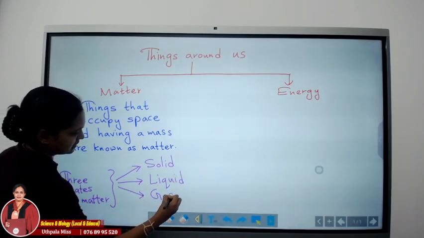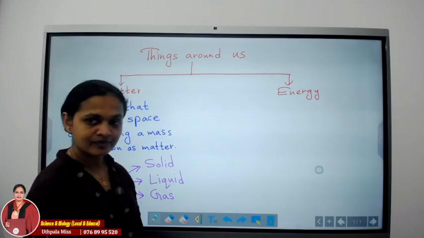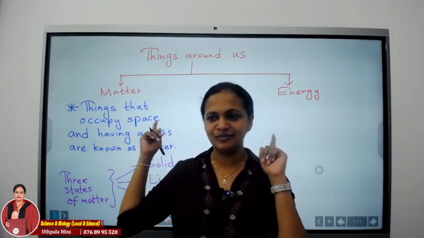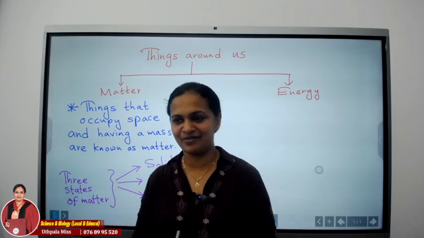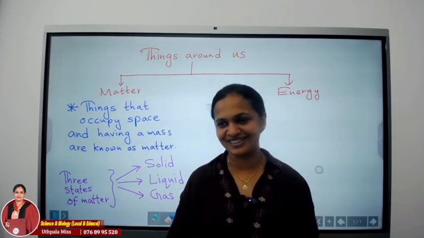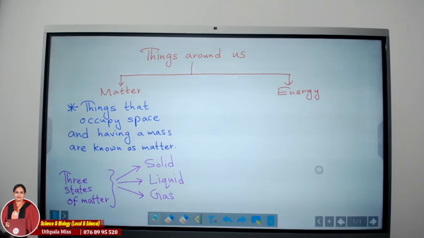Teacher, I've heard of plasma, can we take it? Yes, that does not come under each of these categories. That is a different state. But here we are not going to discuss plasma, right? We are discussing basically matter and energy.